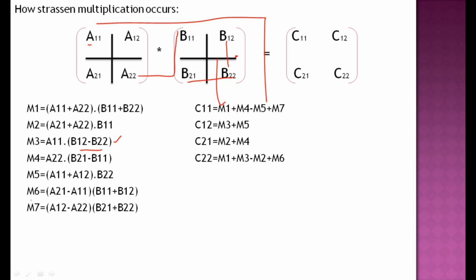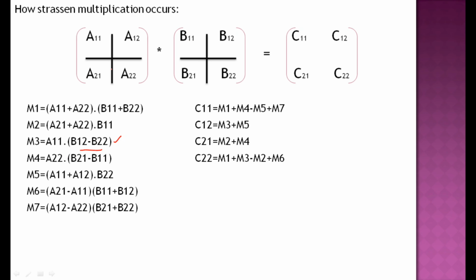Next, coming to m6. As I discussed, m2 and m5 are one step, and m3 and m4 are one step. Next, coming to m6, the diagonal values are completed, and the horizontal and vertical values are not yet completed.